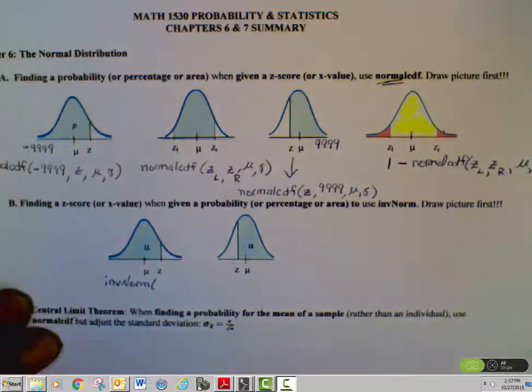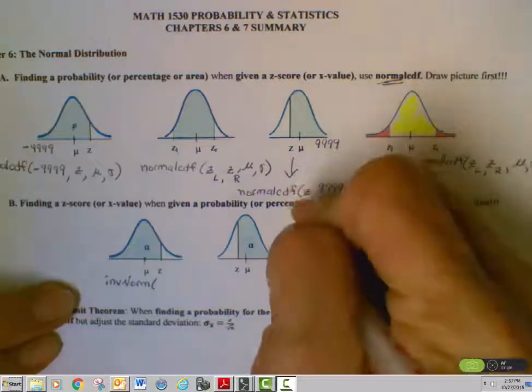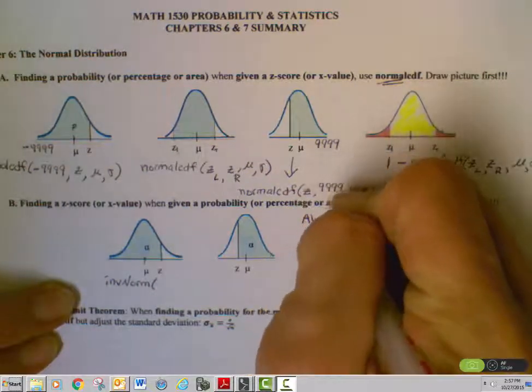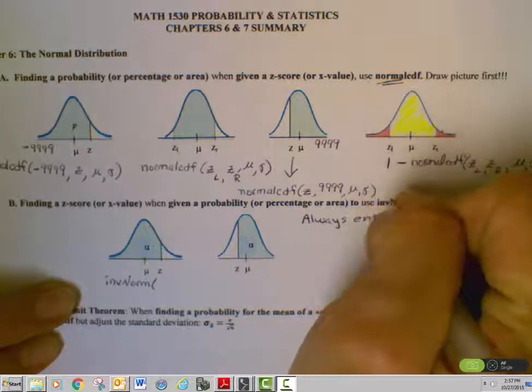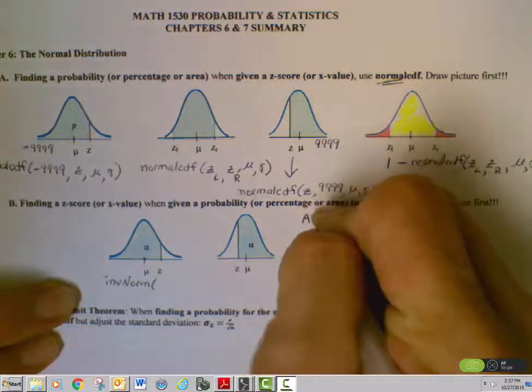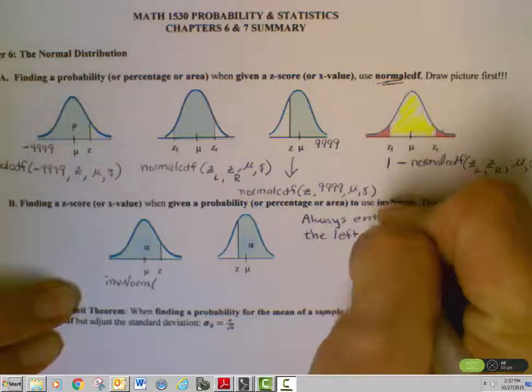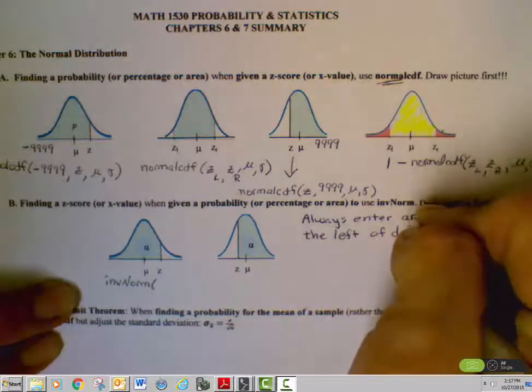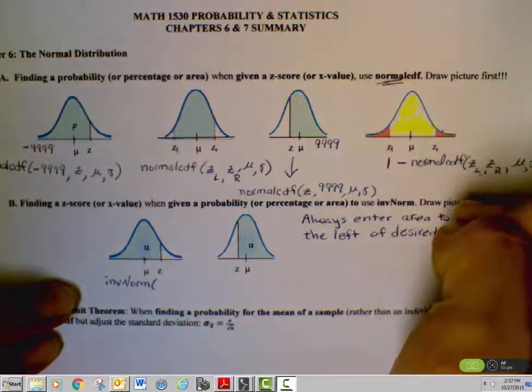And when you use inverse norm, remember you always, always, always, and I'm going to write this down again for you, always enter the area to the left of the desired score, the value you're trying to find.